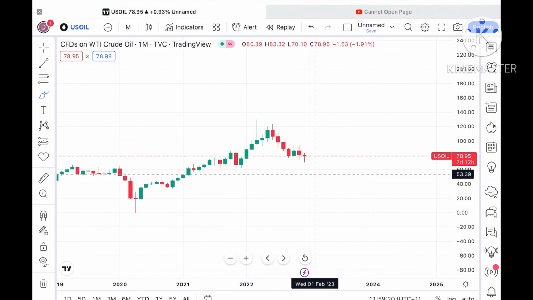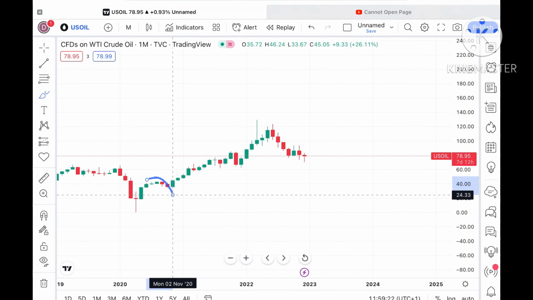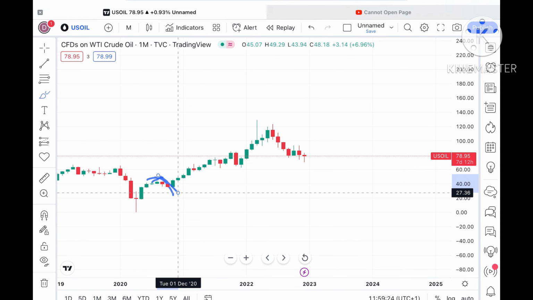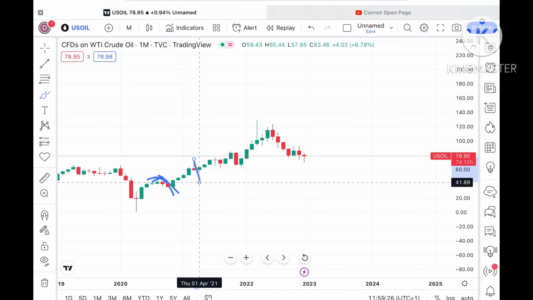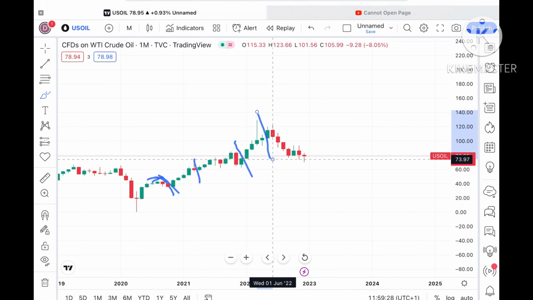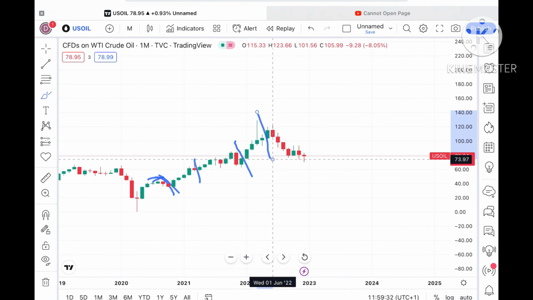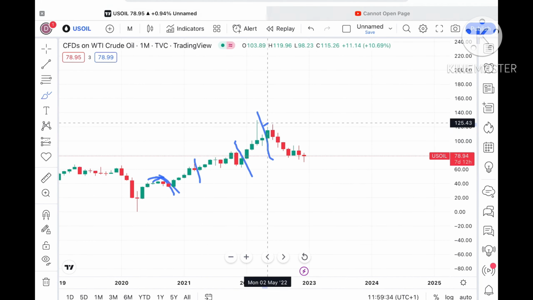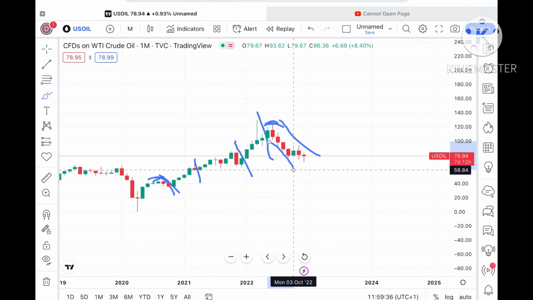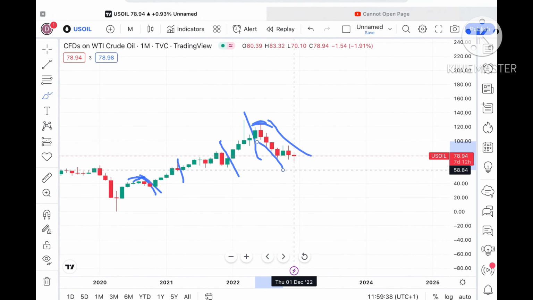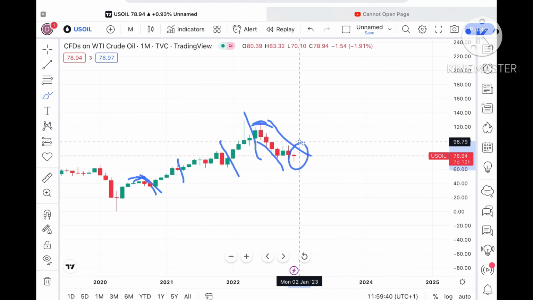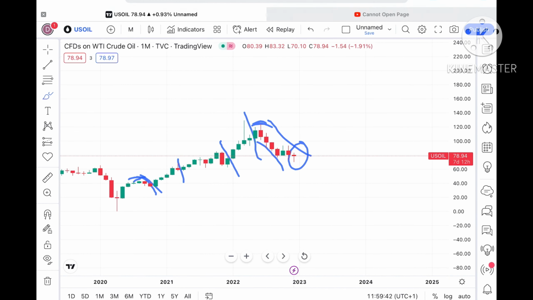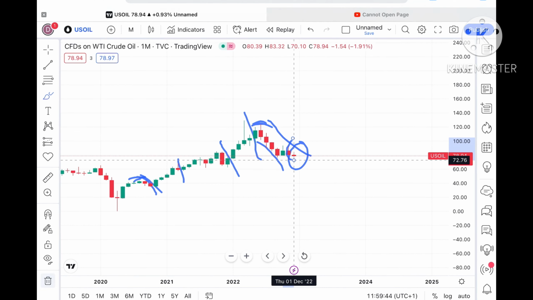It moves and makes a high and then a sharp fall, another high and a sharp fall, and this has repeated 4-5 times. You can check the weekly video where I have explained this. But now a swing is forming and there is a continuous downfall in the price of crude. This full month we have seen a continuous downfall, and last month also we have seen the same thing happen.